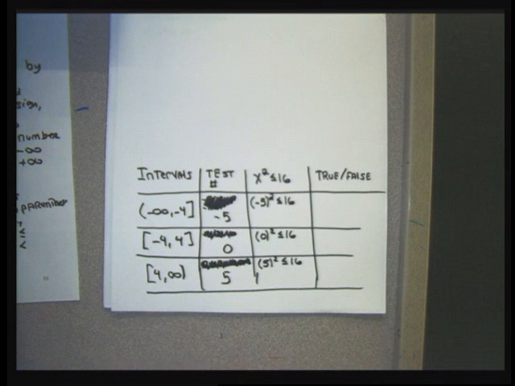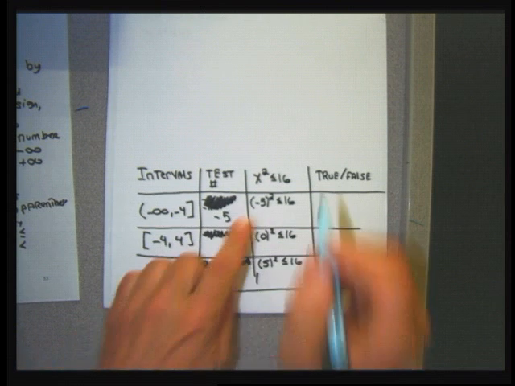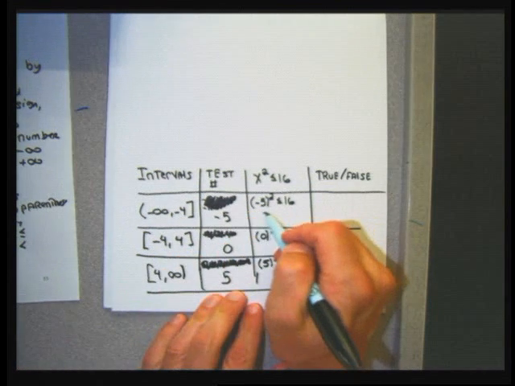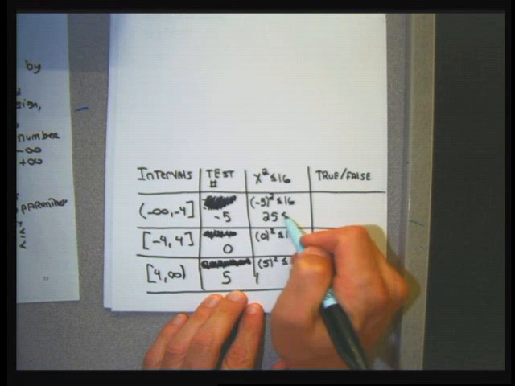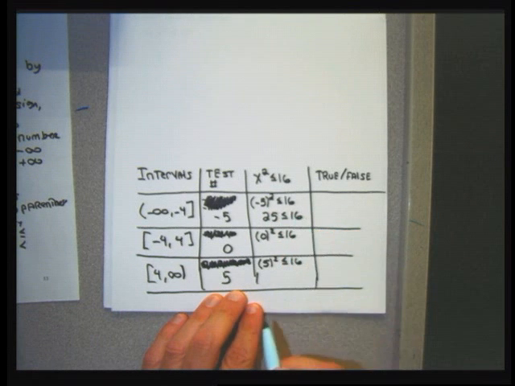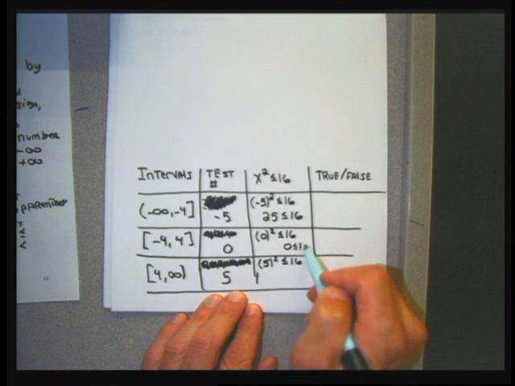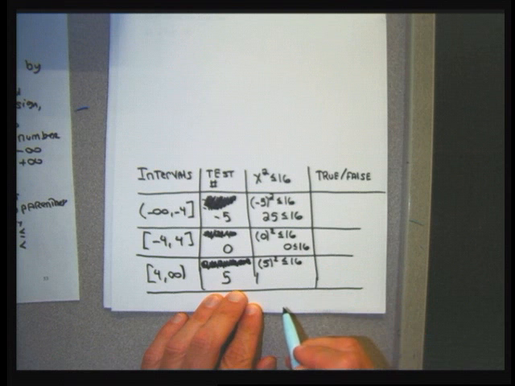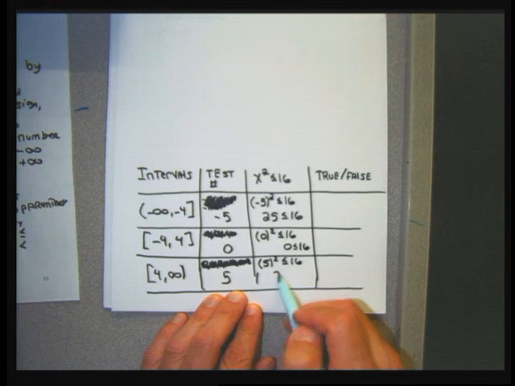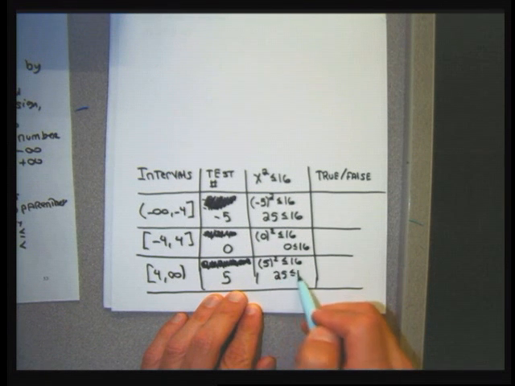Now I need to simplify, and I don't need a calculator to simplify this. Negative 5 squared is negative 5 times negative 5, which is positive 25. That simplifies to 25 is less than or equal to 16. The next one, 0 squared, is 0, so that reduces to 0 is less than or equal to 16. And the third one, I get 25 is less than or equal to 16.